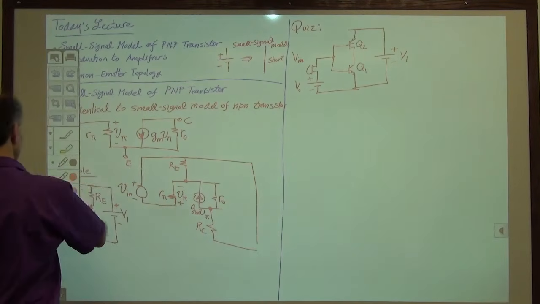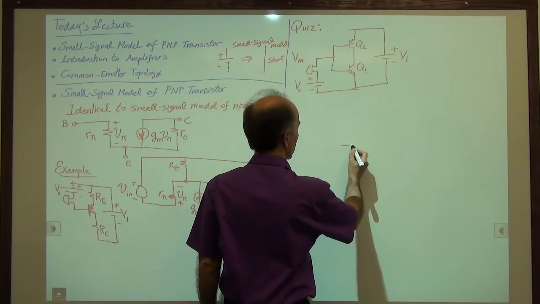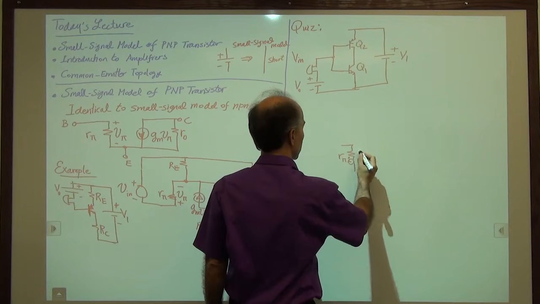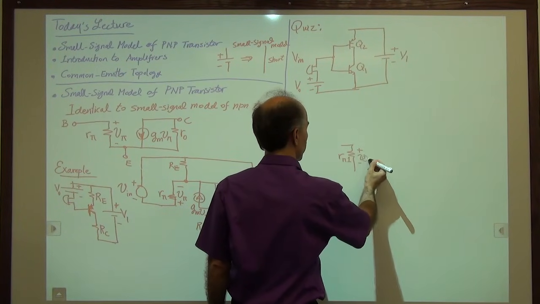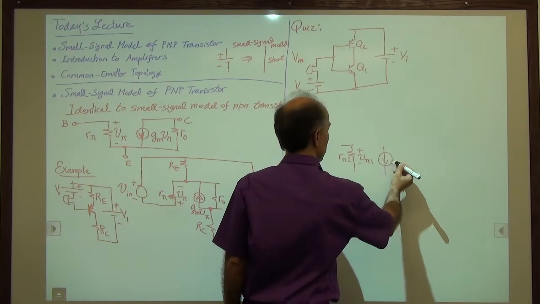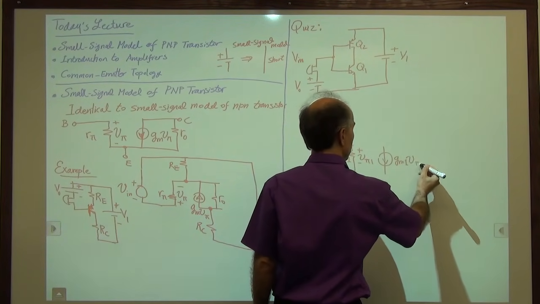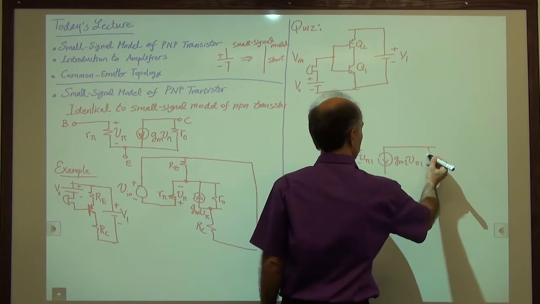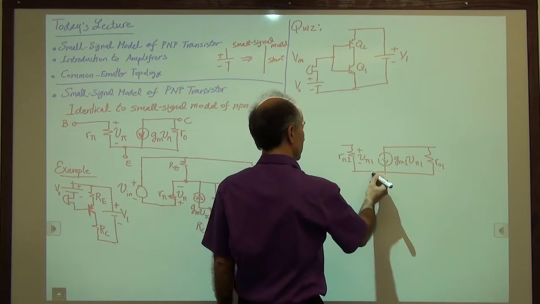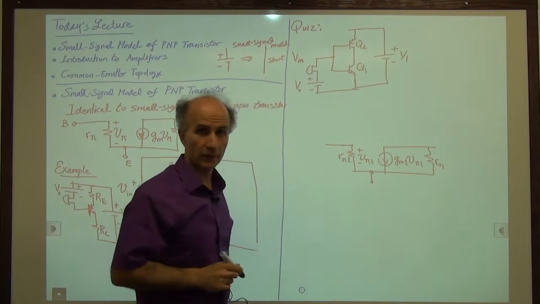Okay, let's see. All right, so for Q1 we have R pi 1 with a voltage of V pi 1 and a current source equal to GM1 V pi 1 and a resistor RO1, all comprising our first transistor.